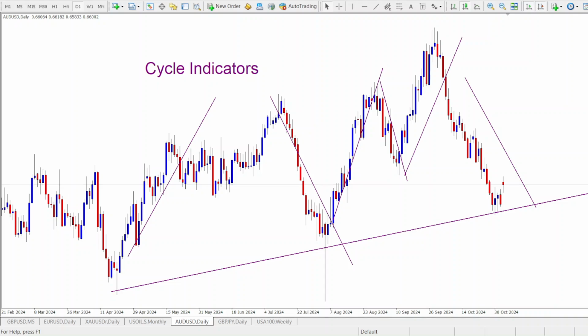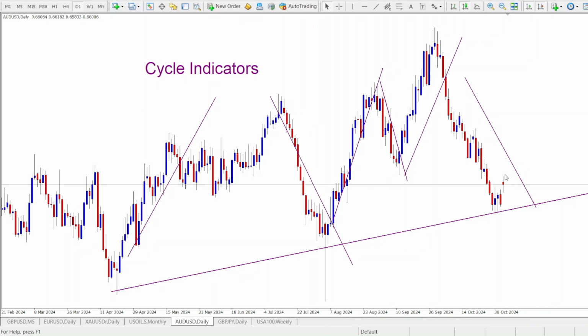Amid all these, cycle indicators act as a sort of filter, helping you tune into recurring patterns and avoid getting caught up in the chaos. Essentially, they can help you identify where we are in the price cycle and plan your trades with better timing. So let's get into some of the most commonly used cycle indicators in Forex.